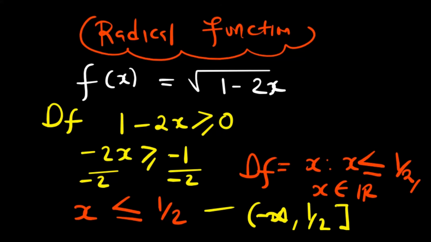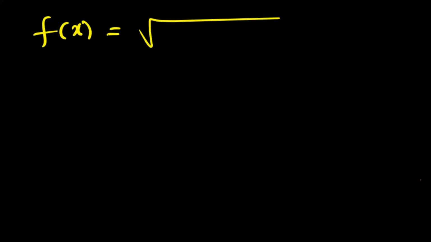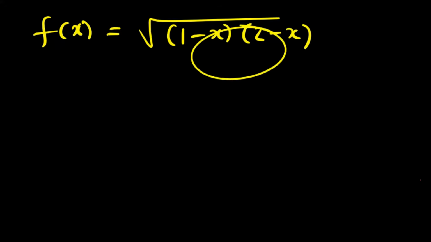Now maybe if we have another radical function, let's say f of x is equal to the square root of, let's say, 1 minus x, 2 minus x. So what are we going to do? Every time, we don't want a negative number in there.